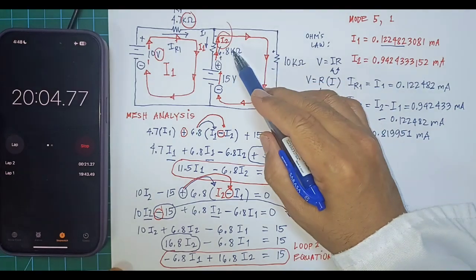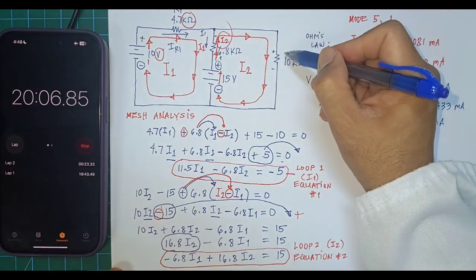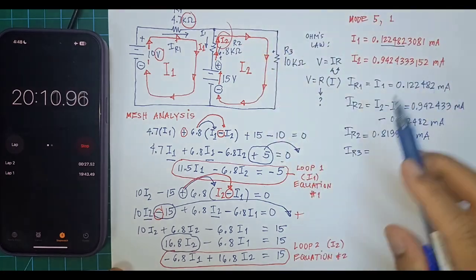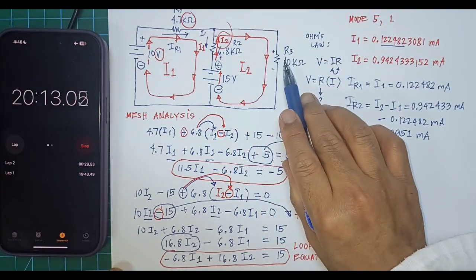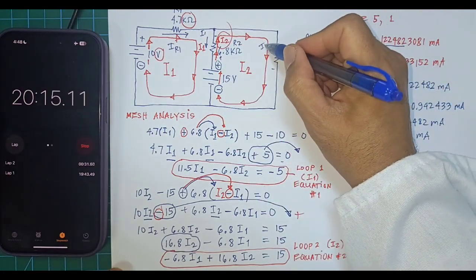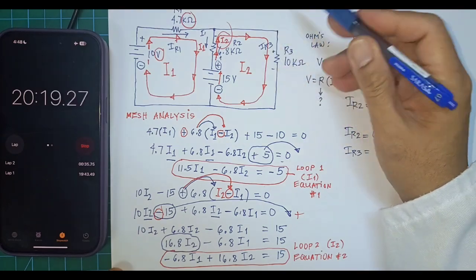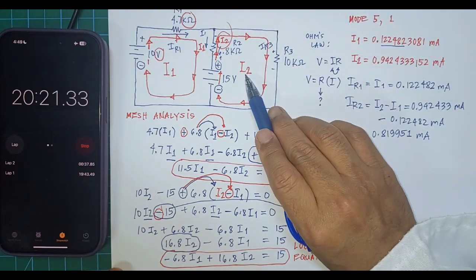Now, how about IR3? Where's R3? Here, let's say this is R3 and this is R2, right? So IR2 is the current here, and this is IR3. Because there's no other current here on the right, up or down, we will say IR3 equals I2.